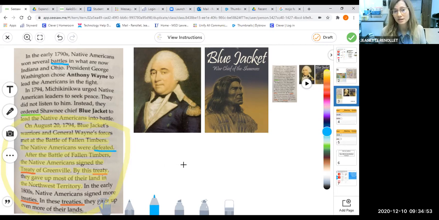They were losing. So right here it says after a battle, the Native Americans signed a treaty. A treaty is like a paper that you can sign to say, okay, we will be done fighting. By this treaty, when they signed that paper, they gave up their land in the Northwest Territory.